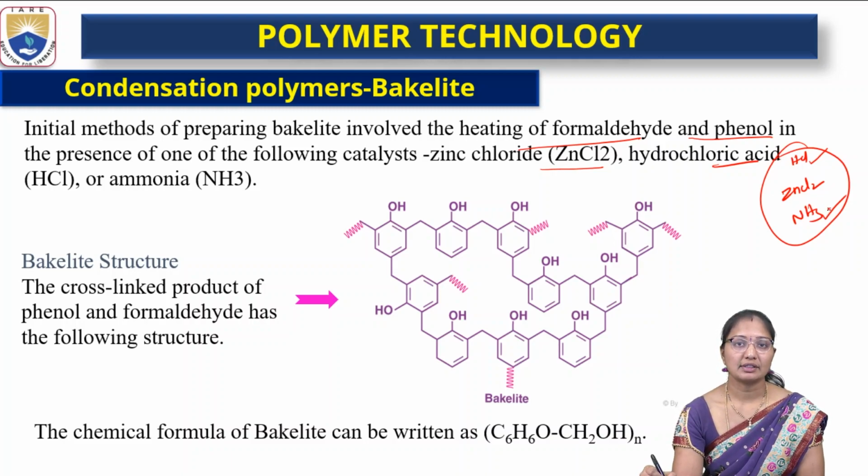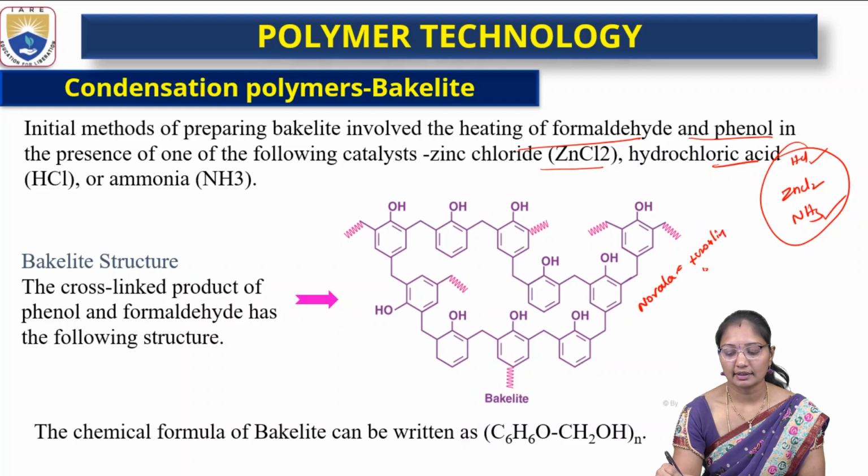These are the catalysts which we are using with the phenol and formaldehyde reaction, which results in the Novolac formation, and this Novolac on further heating with formaldehyde gives crosslinks. Novolac is a linear polymer, which on crosslink formation is called bakelite.